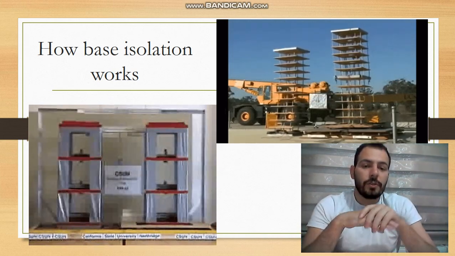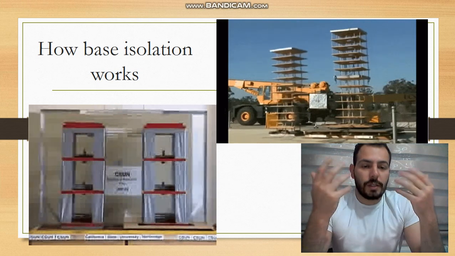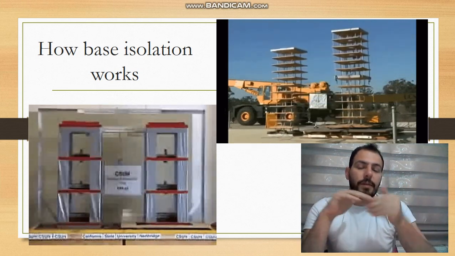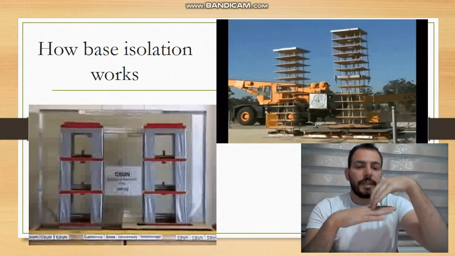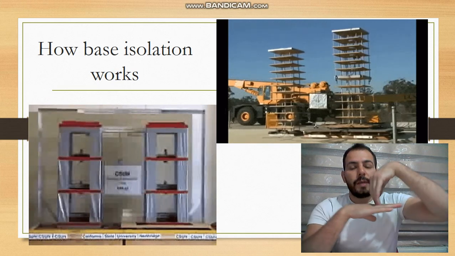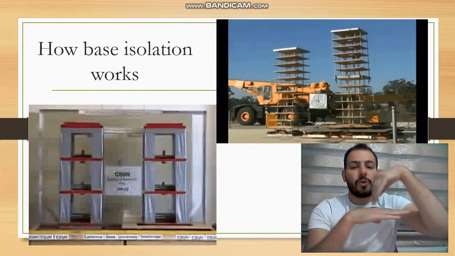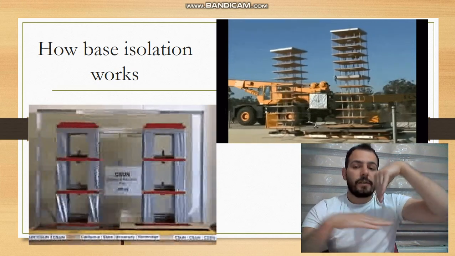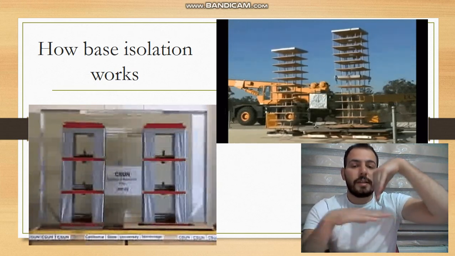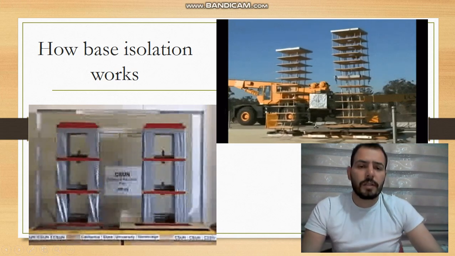So, in order to reduce this kind of vibration, we put the isolation between the surface and the structure of the building, so that displacement happens on the surface or land. For example, the land is moving and the structure stays the same, as you can see in the animation too.